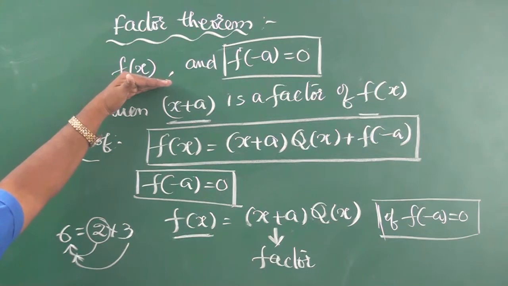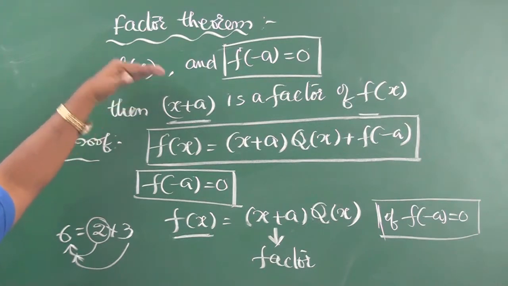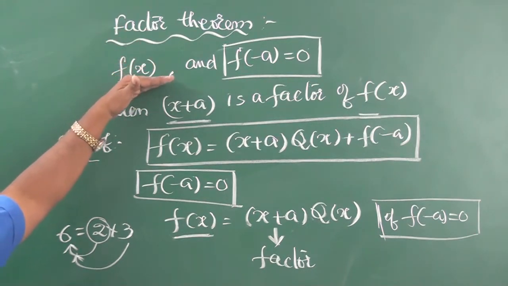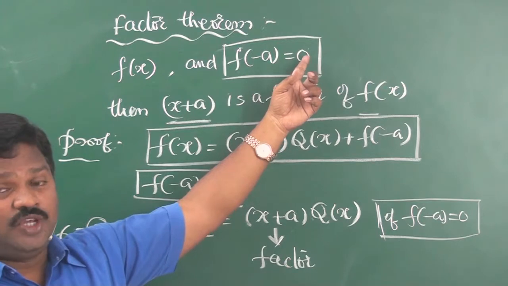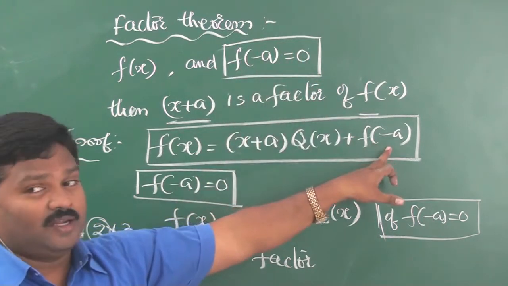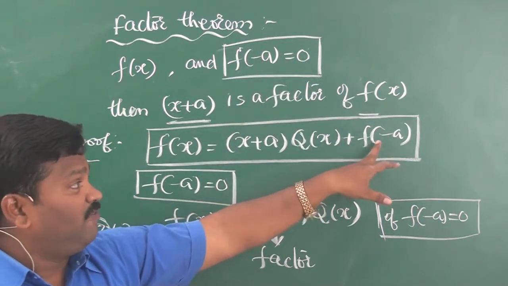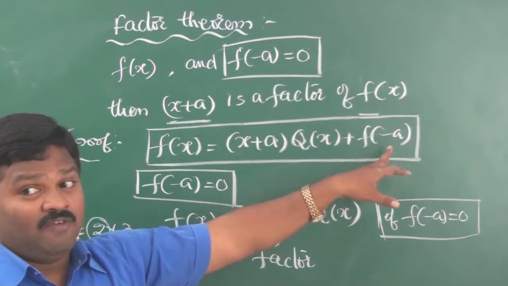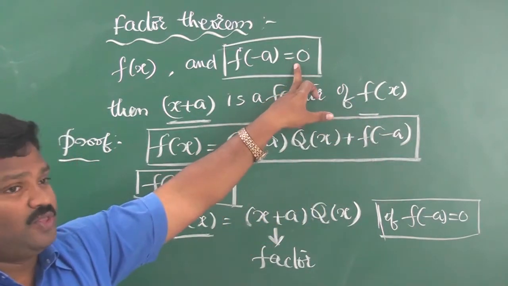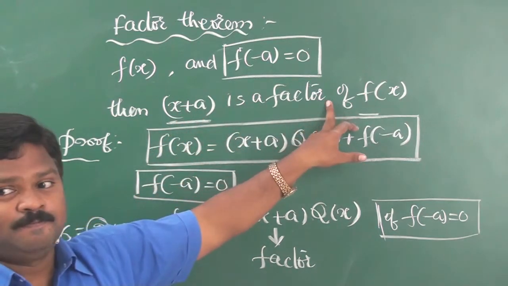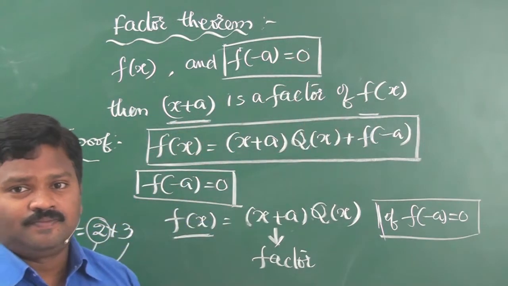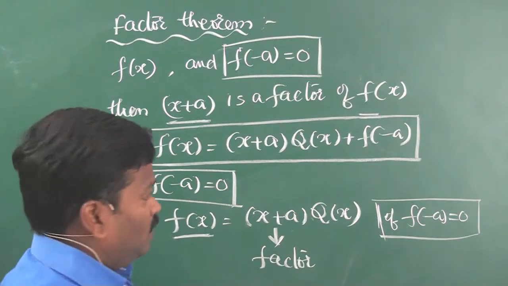F of x is a polynomial whose degree is greater than or equal to 1, and f of minus a equal to 0. If f of minus a is the remainder, and the remainder equals 0, then this divisor becomes a factor of f of x. Is it clear?